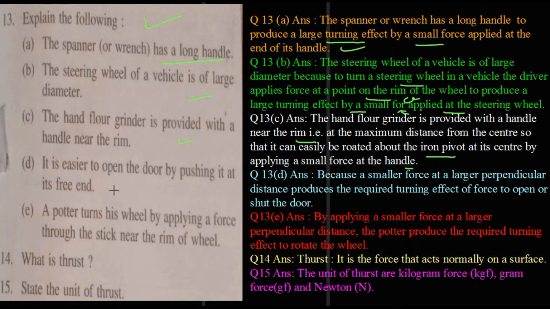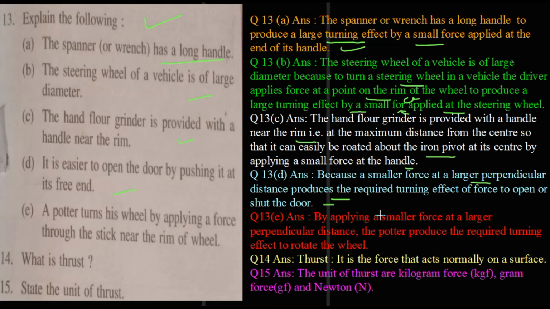Next is D. It is easier to open the door by pushing it at its free end. It is easier because a small force at a larger perpendicular distance produces the required turning effect of force to open or shut the door. Right?